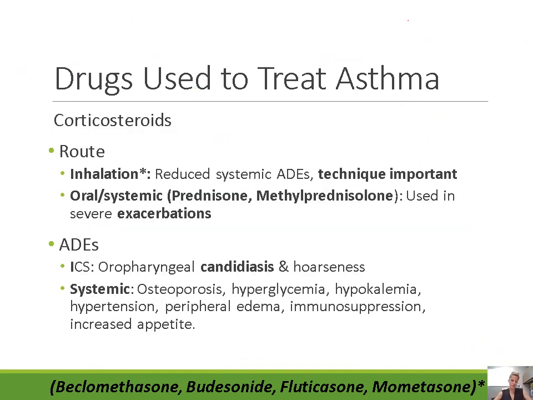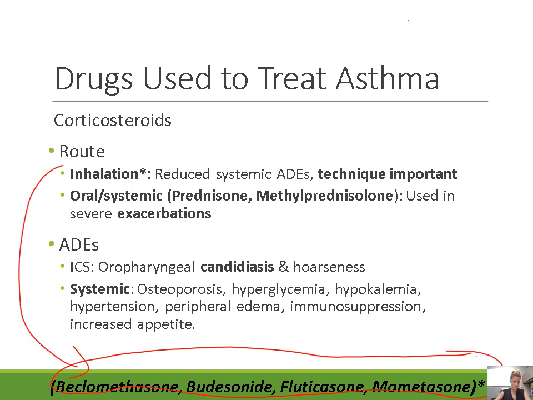So corticosteroids decrease inflammation. Corticosteroids can be given in different ways. So far, we've been talking about inhaled corticosteroids, which are what we normally use for long-term chronic therapy in asthma. The drugs that were on the last slide and the drugs that we have at the bottom here on this slide, those are all inhaled corticosteroids.